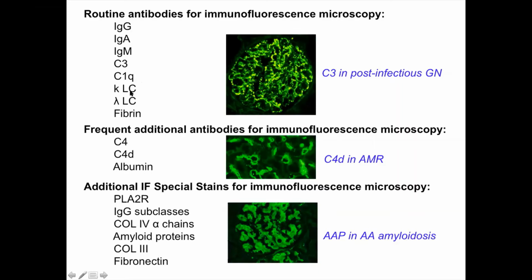C1q is important in lupus nephritis. C3 is important in both C3 glomerulopathy and post-infectious glomerulonephritis.